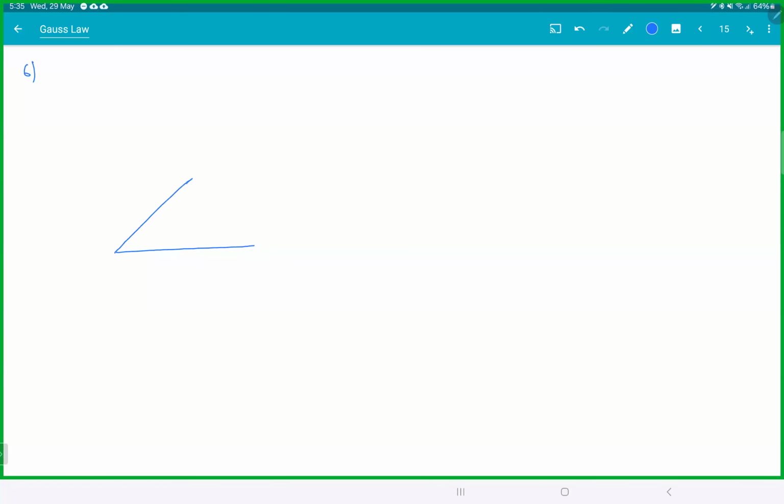So we got a square plate. Sigma is your charge density. Side is A. So exactly from the center, you kept a charge plus Q at a distance of A by 2.